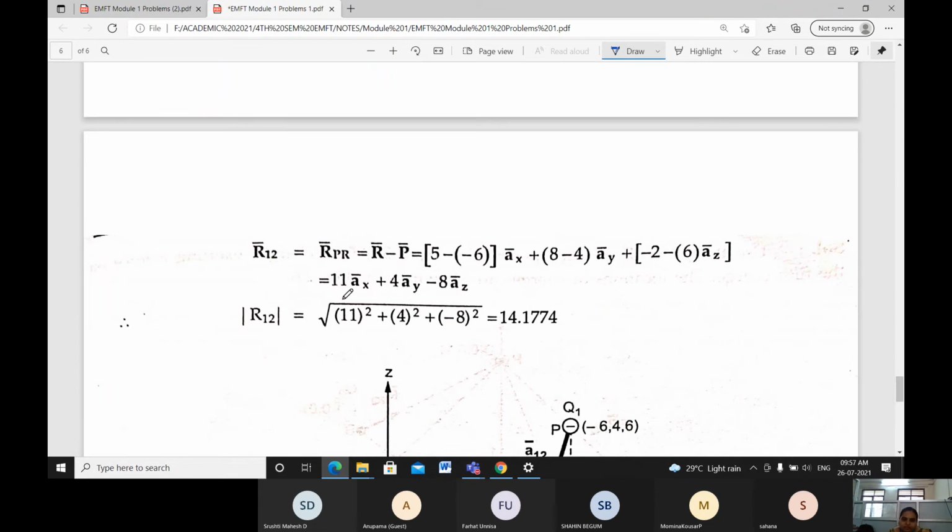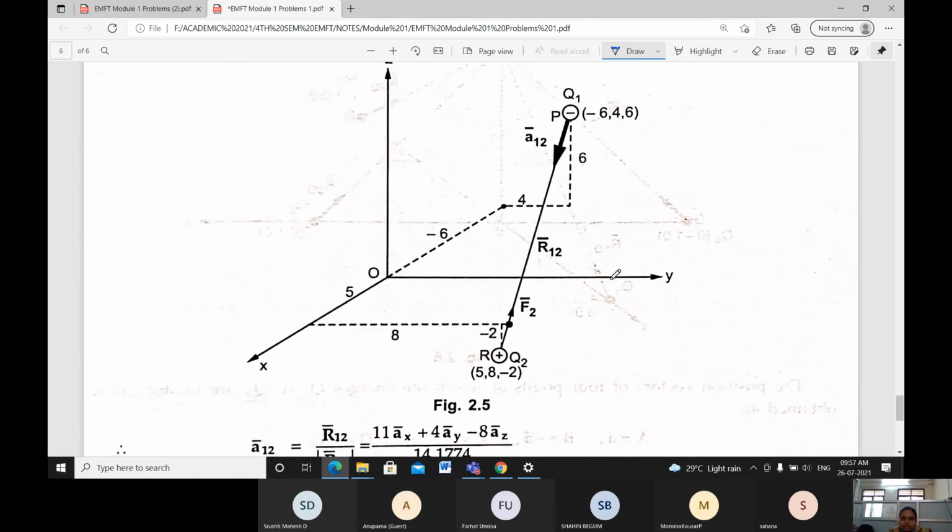That you'll get as 11 ax plus 4 ay minus 8 az. Therefore the magnitude of R12 is the square root of 11 squared plus 4 squared plus minus 8 squared, which you get as 14.1774.